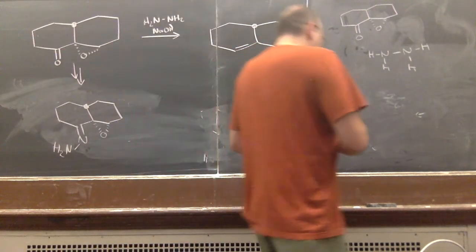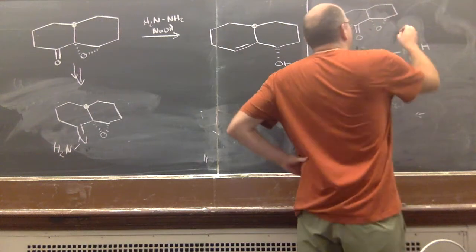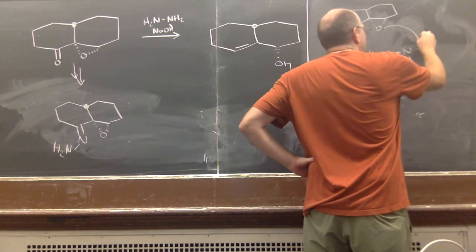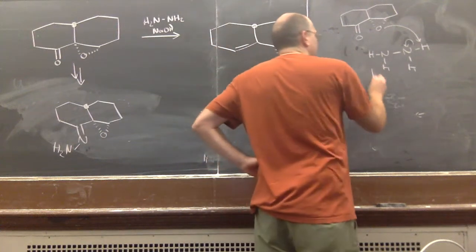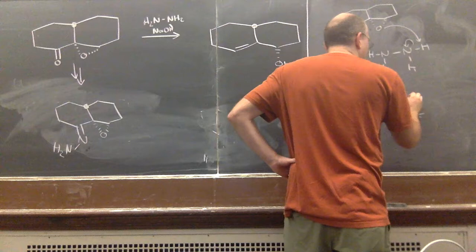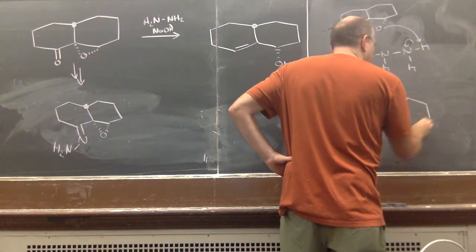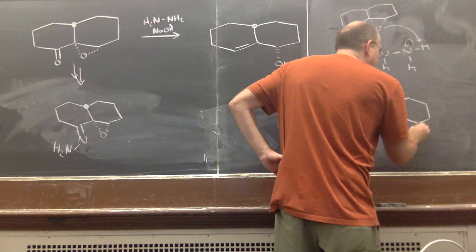and go to the product. And so what this person ended up doing is they said, well, I want to protonate with hydrazine. And they did a lot of the same things that the other person did.